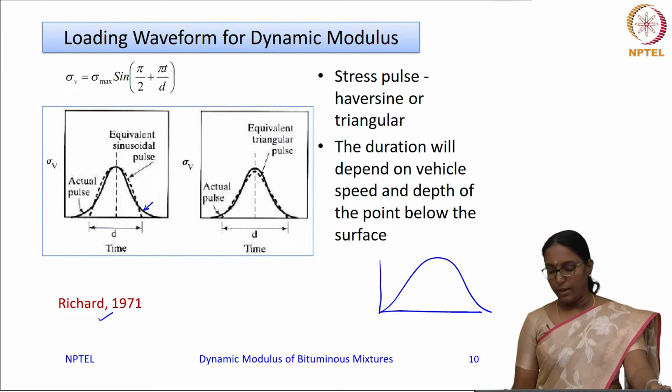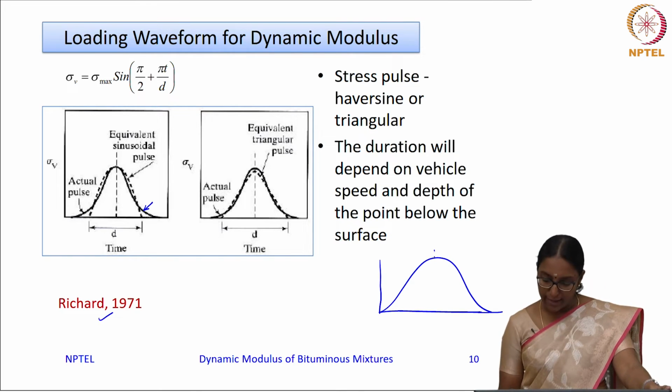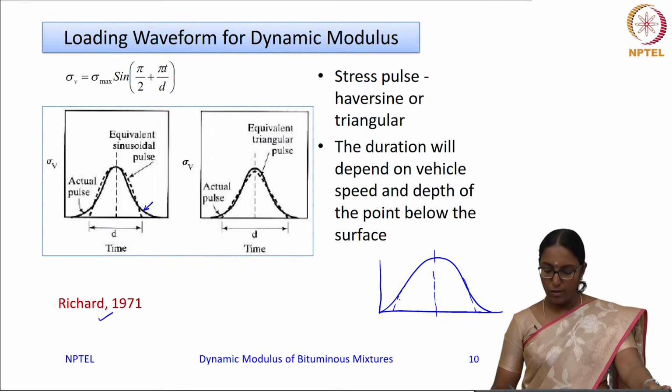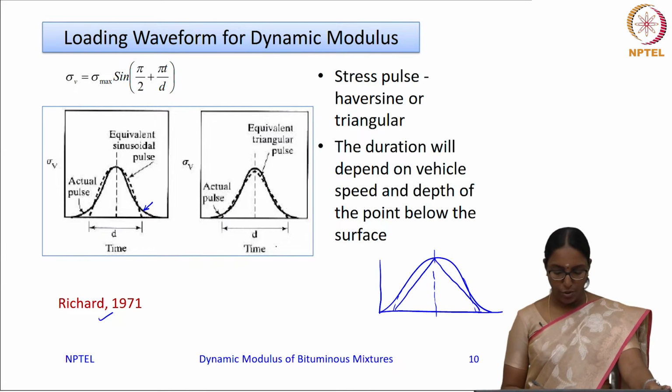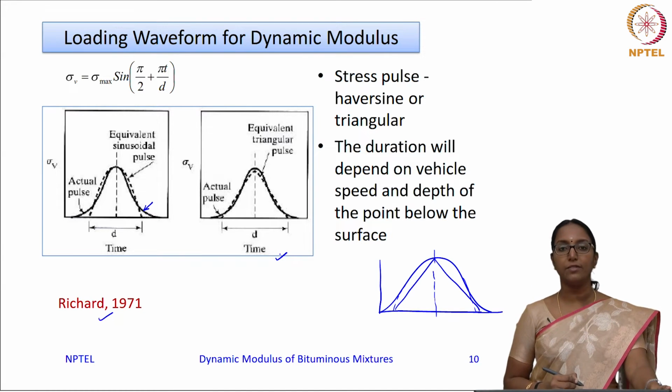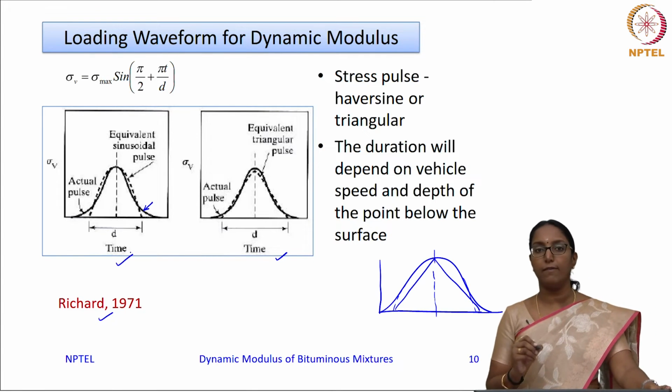Okay. Now, this can be approximated as a Haversine waveform, or it can also be approximated as a triangular waveform. So, you see here that it is approximated as a triangular waveform, and in the first figure you see that it is approximated as a Haversine waveform.